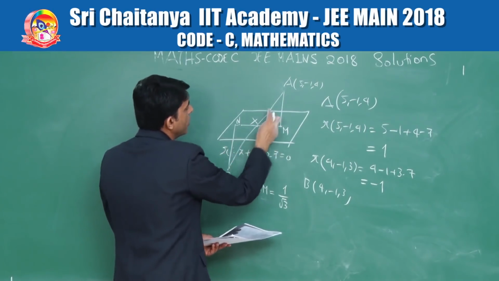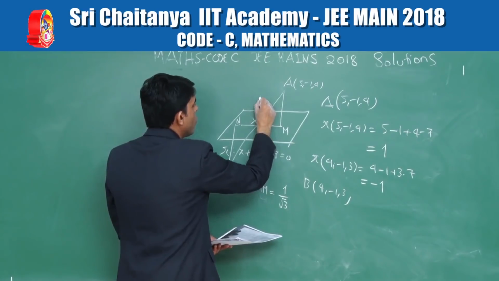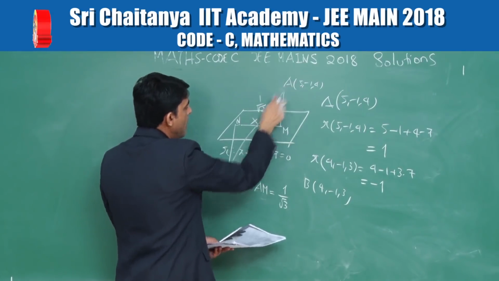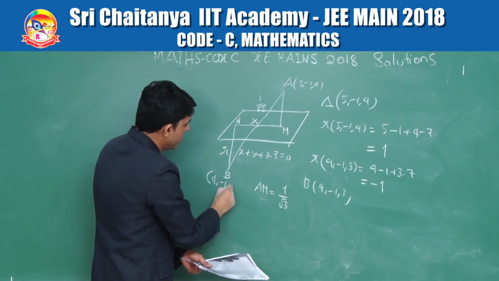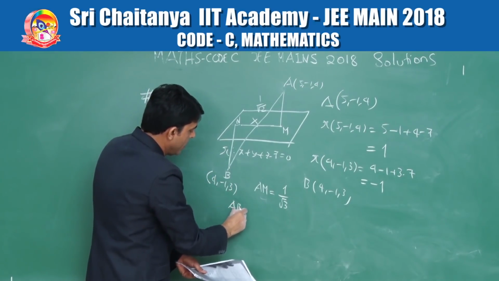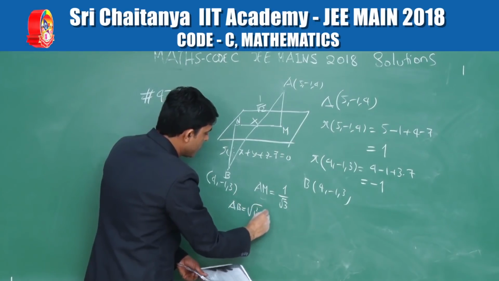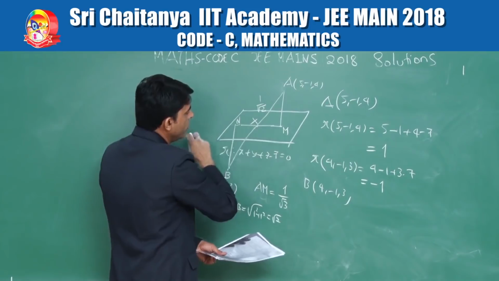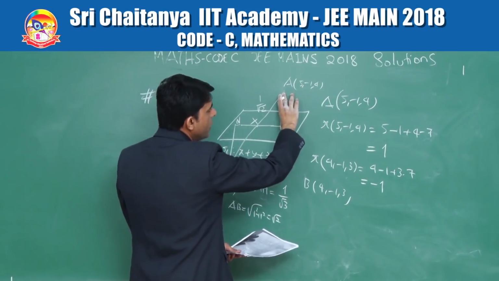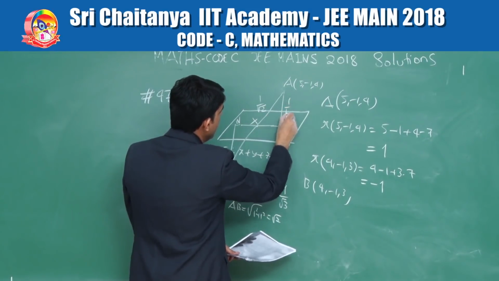So we have got this AX as 1 over root 2 because AB happens to be root 2. B was 4, minus 1, 3. So AB is root of 1 squared plus 1 squared, so that's root 2. So your AX happens to be 1 over root 2. You have got AM, that happens to be 1 over root 3.